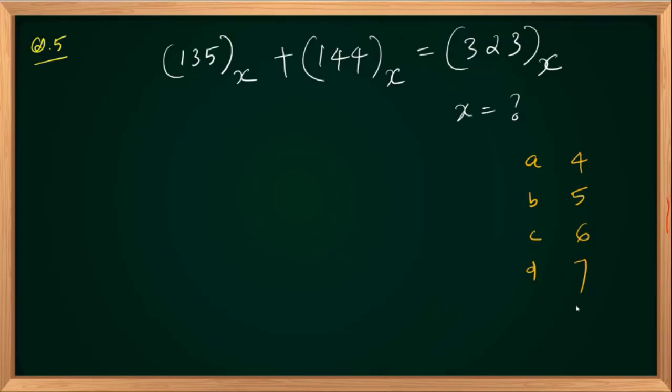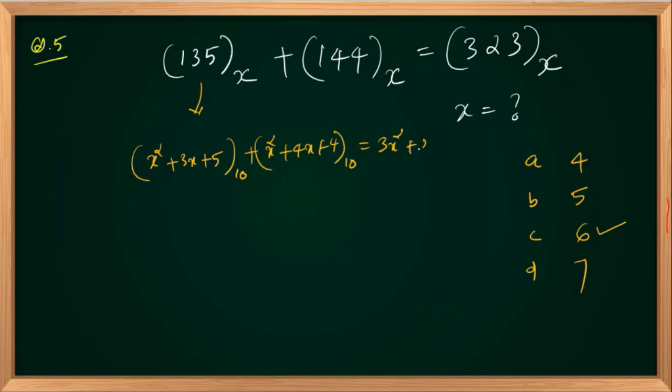Right. Very good. It's 6. So if you are not comfortable with the base or addition, then you should convert this into what? x square plus 3x plus 5 base 10, plus again x square plus 4x plus 4 base 10, equal to right hand side 3x squared plus 2x plus 3.